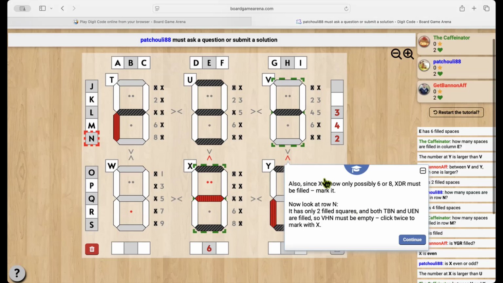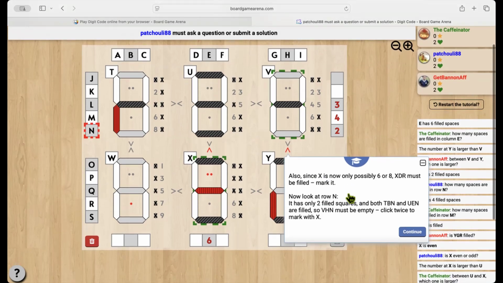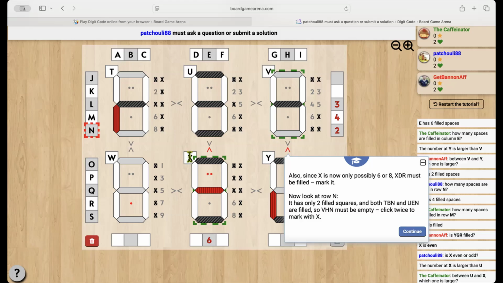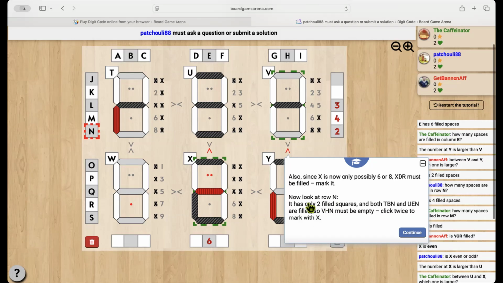Let's see, X, D, and R. Since X is only possible for 6 or 8, that means this has to definitely be filled because of what 6 would look like. So now look down on row N. It only has 2 filled squares.